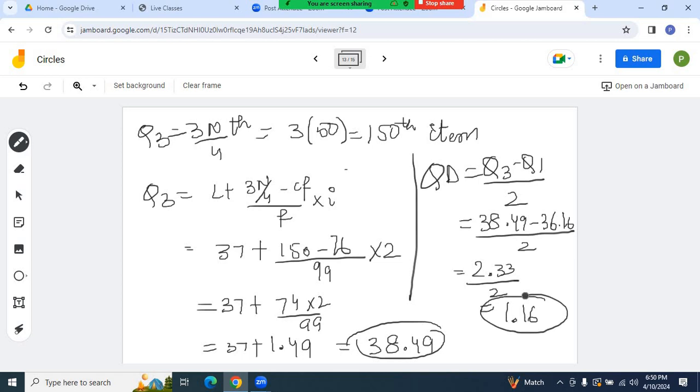This is the quartile deviation. And similarly we can find the coefficient of quartile deviation, Q3 minus Q1 upon Q3 plus Q1. You can have a look.